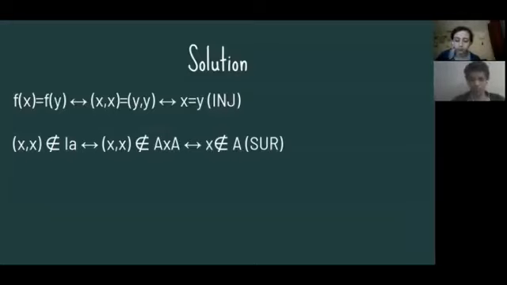So this would just mean that every element in the range has a corresponding element in the domain. Saying that everything that's not in the range is definitely not paired with anything in the domain is exactly the same as saying that for every single element in my range, I have a corresponding element in the domain.